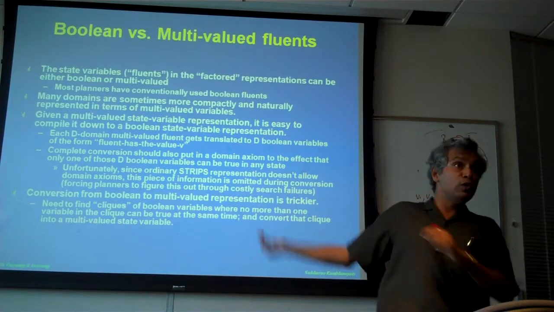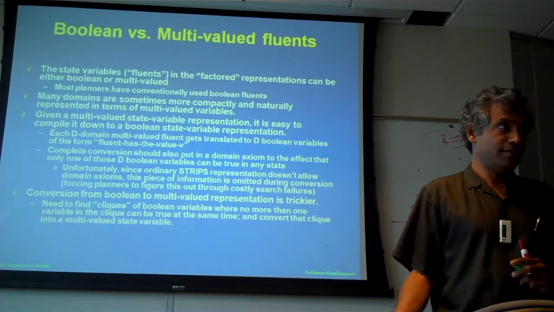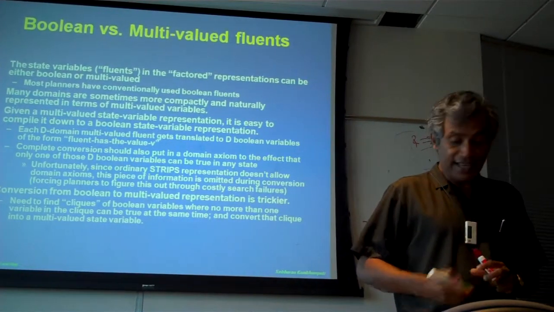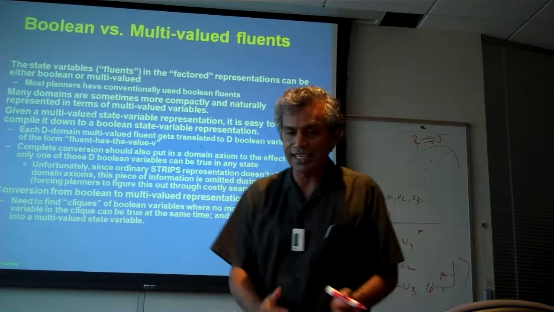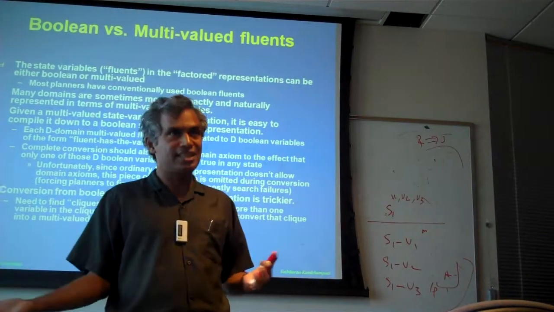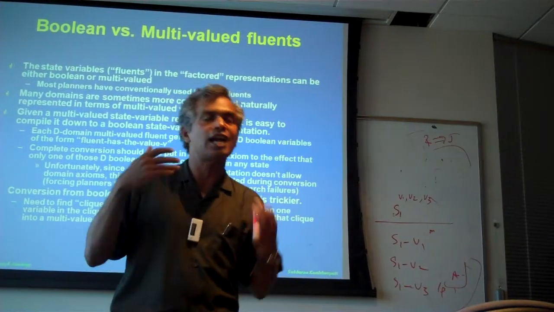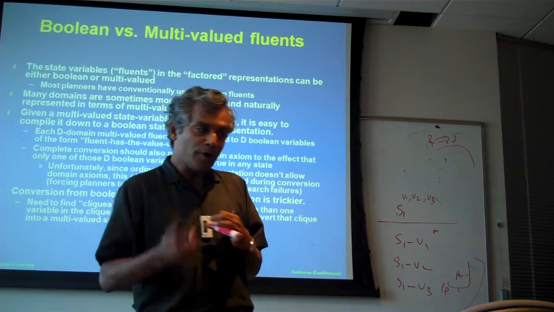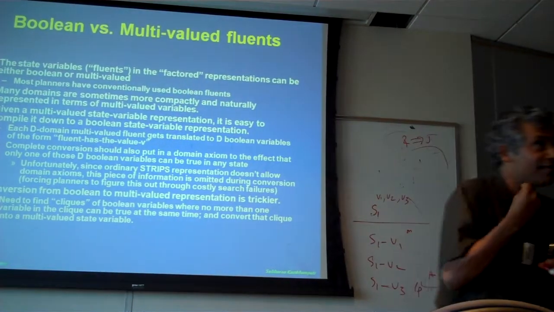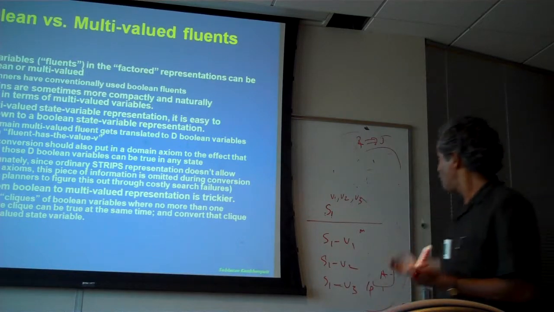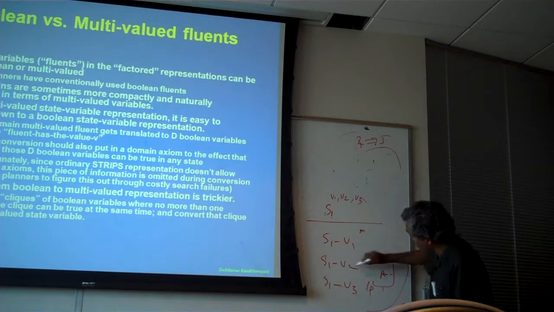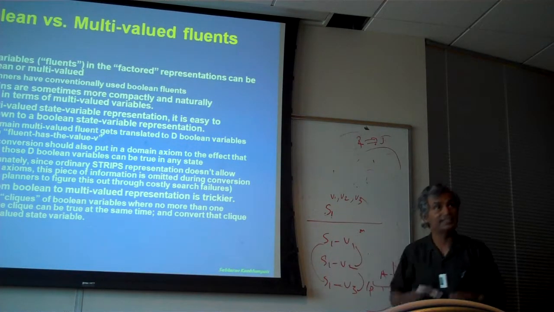And when you compile, if you lose it, it's not so much that you will die. Basically, the actions will normally be written in such a way that inconsistent states cannot be produced. The point is, during search, you don't have this information. So you will figure out this mutual exclusion between this and this, this and this, and this and this, the hard way.